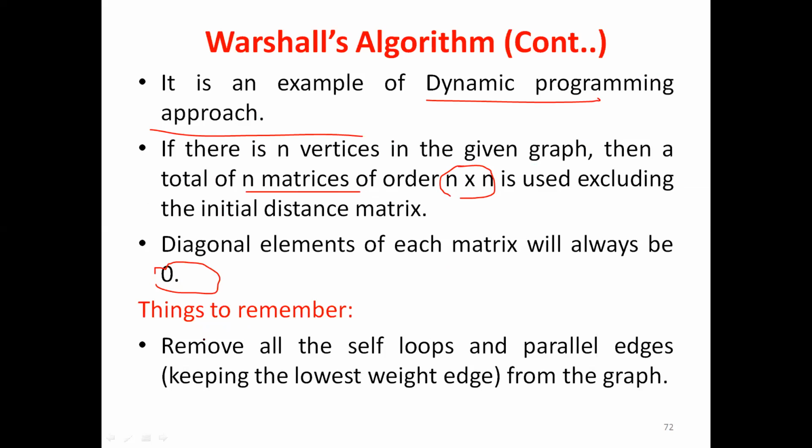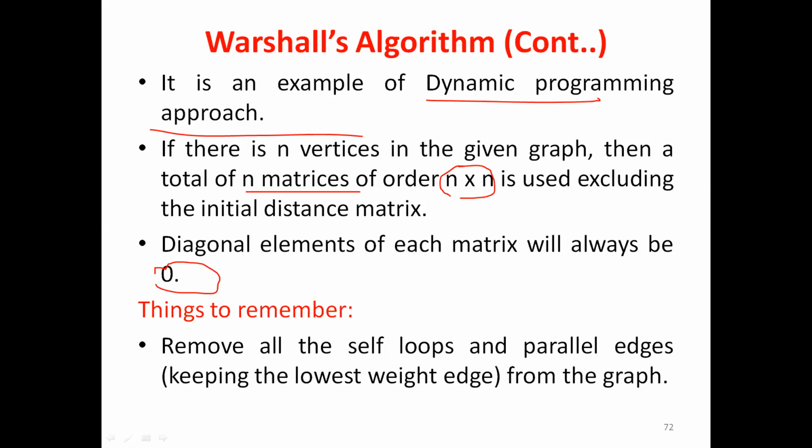Things to remember: remove all the self loops and parallel edges. When you are going to solve, first check whether there is any loop in the graph. A loop in the sense of a self loop is an edge pointing to the same vertex.